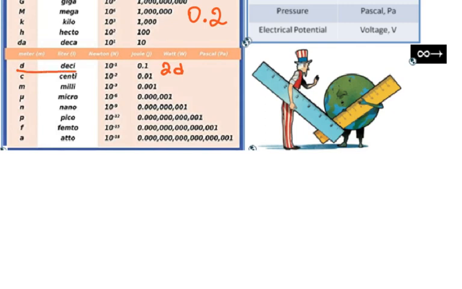Deci will stand for 10 to the negative 1. If I had not 0.2 but 2 hundredths instead, I could use centi, which is 2 centi, 10 to the negative 2, milli 10 to the negative 3, and so on.